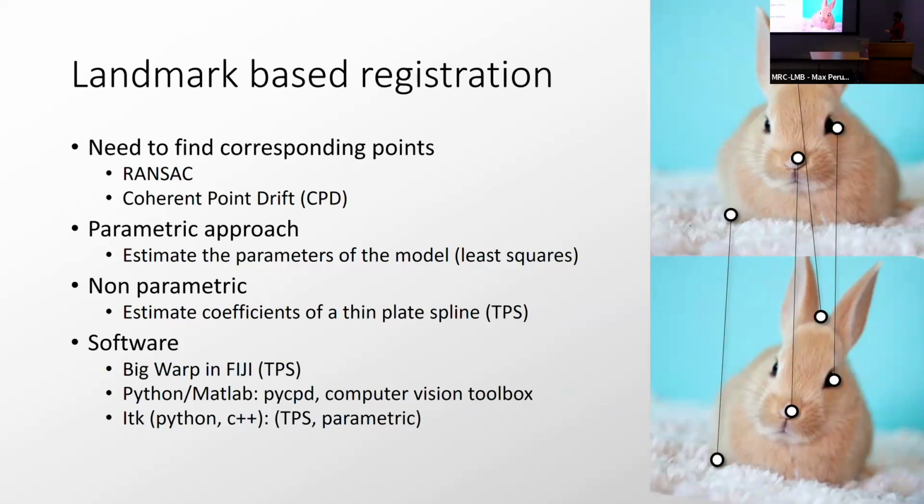In Python and MATLAB, you have SciPy or the Computer Vision Toolbox. In ITK, you would have both approaches. Landmark-based registration was often used also to create 3D scenes, so it's used a lot in computer vision and also in medical image processing.